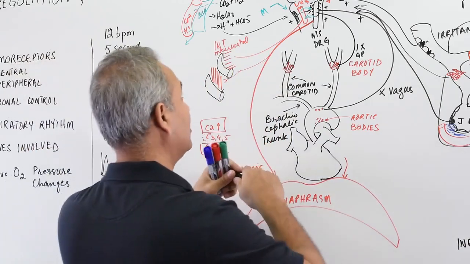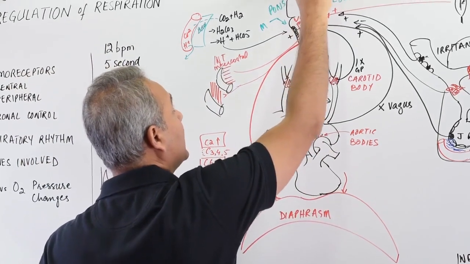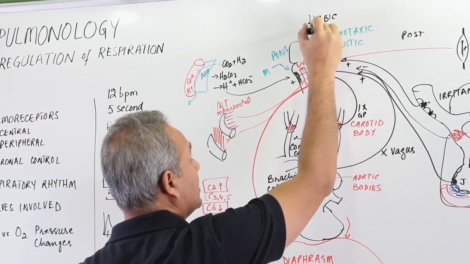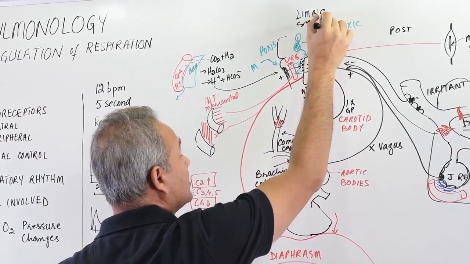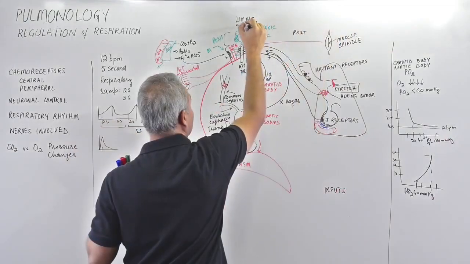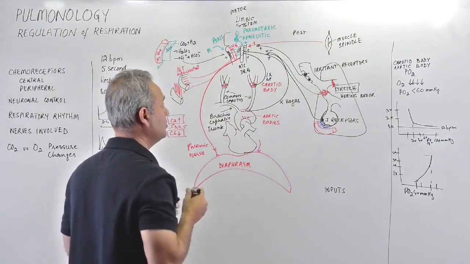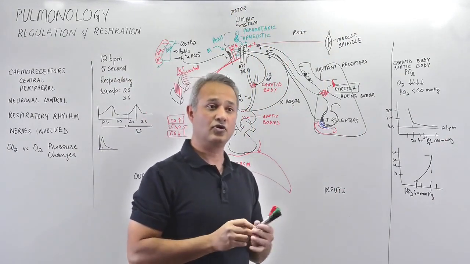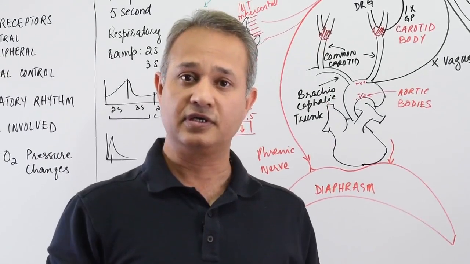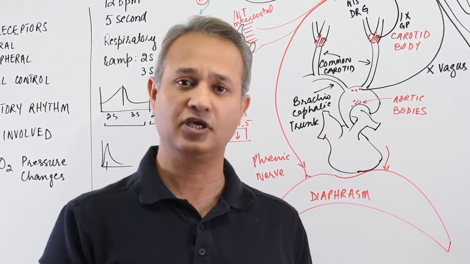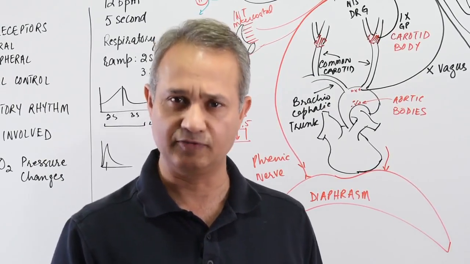Tell me when you win that competition. So the higher centers, the limbic system and our higher motor areas, can influence these areas below, and they can also cause deeper and faster breathing or slower breathing. Conscious breathing can happen with that.